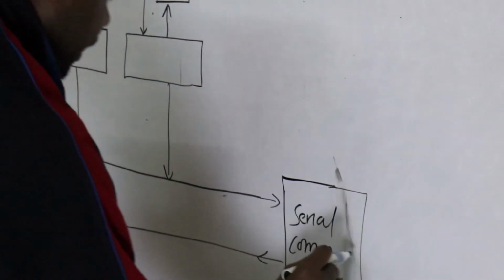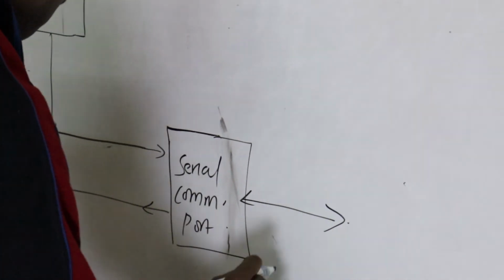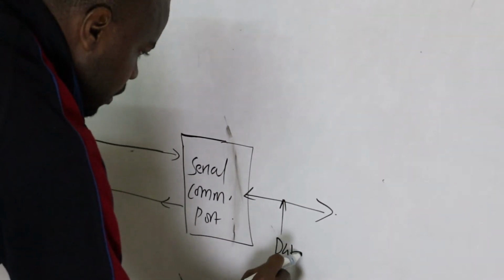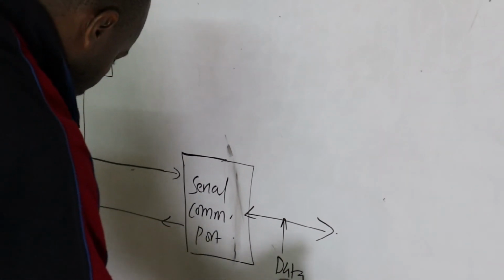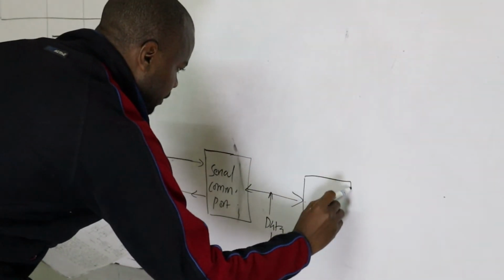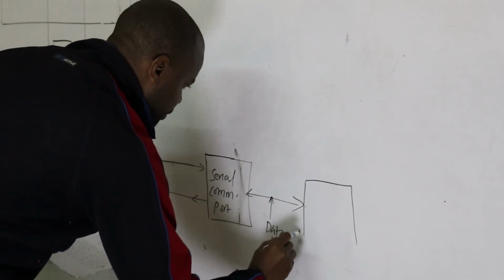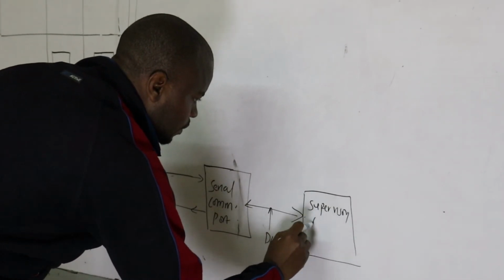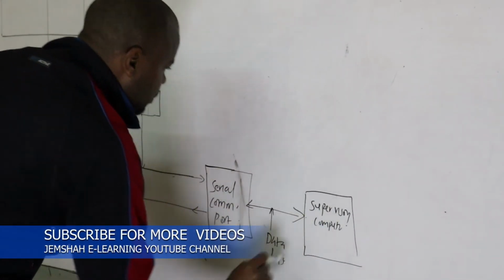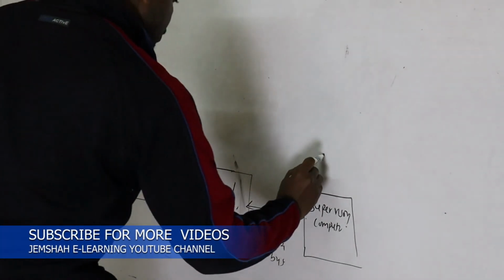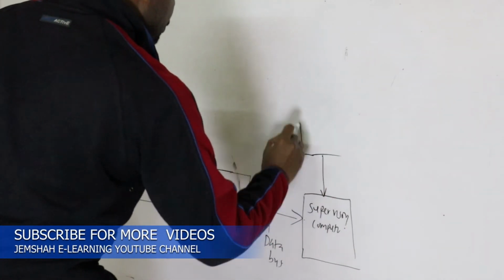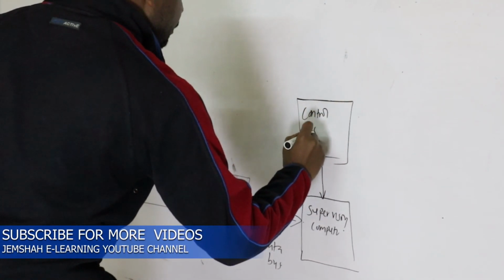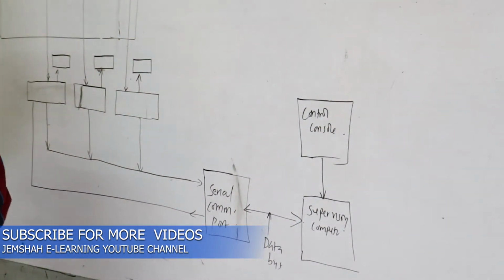Then we have a data bus. This one goes to the supervisory computer. Then this one gets information from what we refer to as the control console.